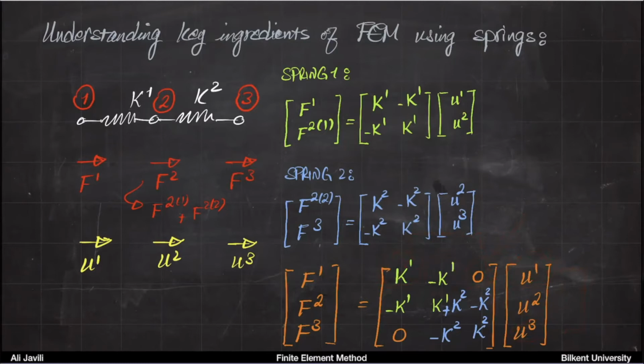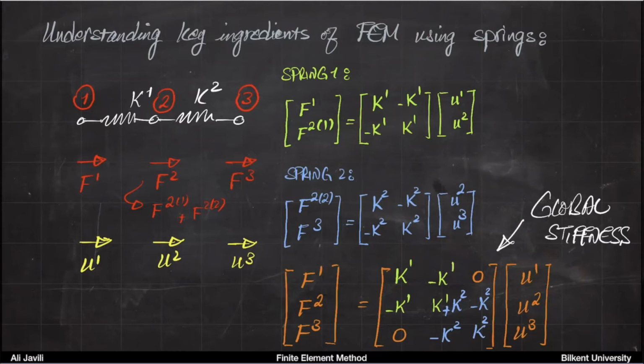All right, so this system that you see in front of you, this is the global stiffness matrix. And the process that we just did is called the assembly process. Because we have just 2 elements and 3 nodes, we did the assembly visually based on what we see in front of us.